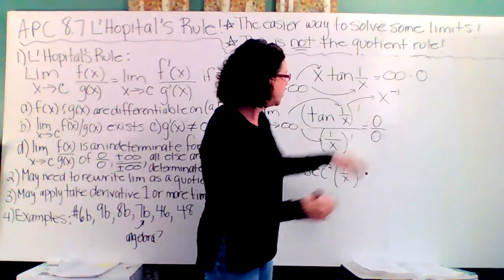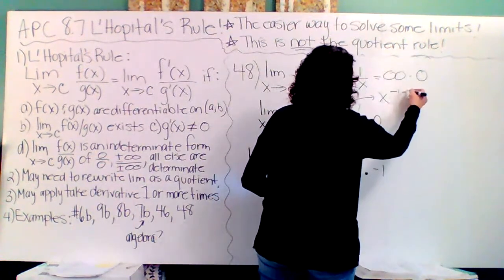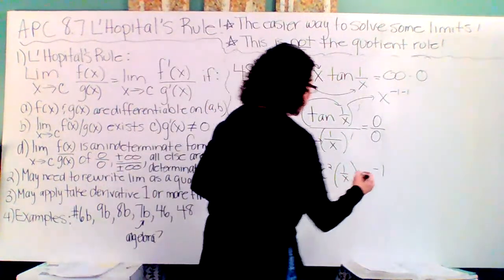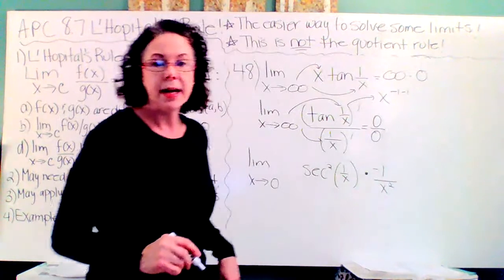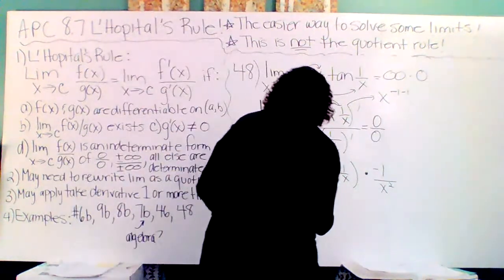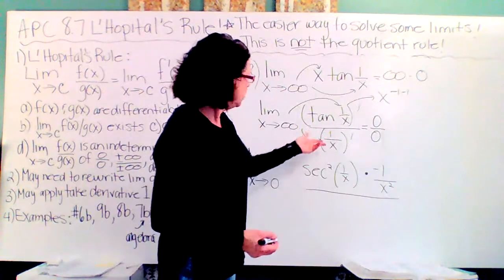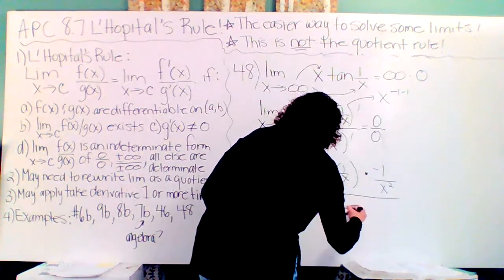I'm going to bring the negative 1 out front and multiply it and reduce the exponent by 1. That's x to the negative 2. If it's okay with you, I'm going to write that in the denominator as a positive 2. Again, the derivative of 1 over x is negative 1 over x squared.